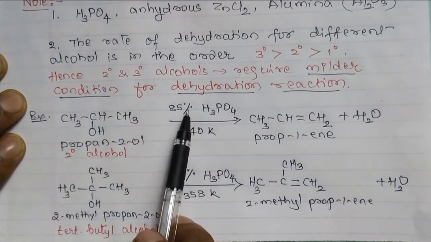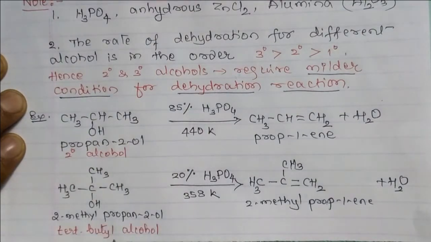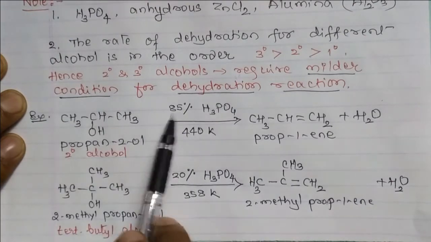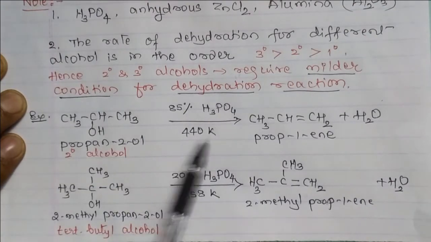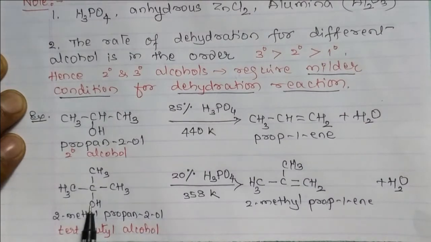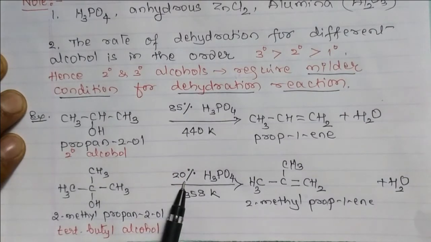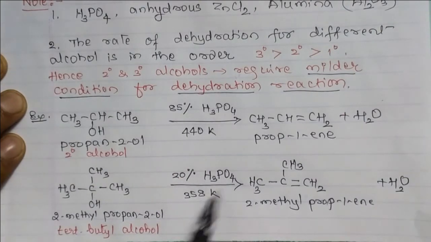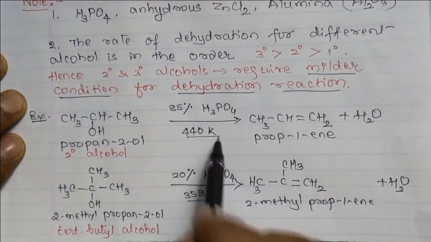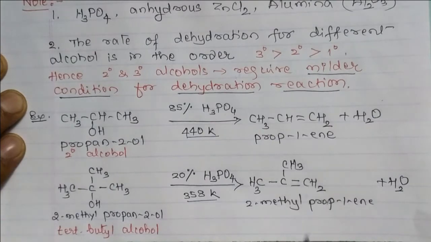Here, in the case of secondary and tertiary alcohols, we require milder conditions. For secondary alcohols, we need 85% phosphoric acid at 440 Kelvin. But for tertiary alcohol, we need 20% phosphoric acid. The temperature is also lower, so at milder conditions, secondary and tertiary alcohols undergo dehydration.